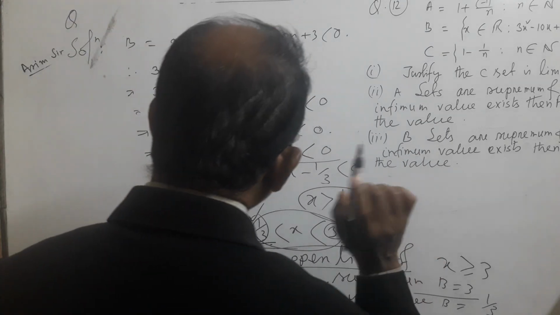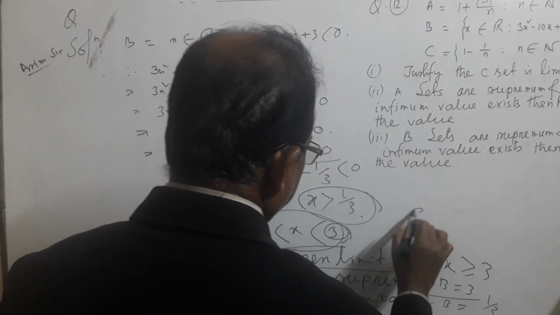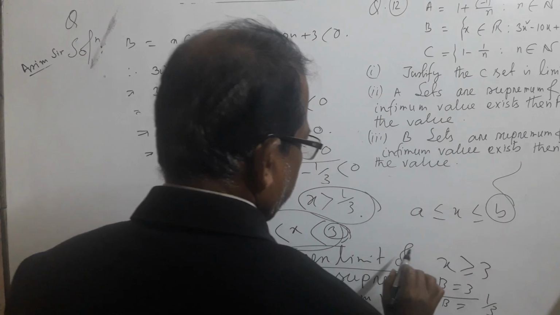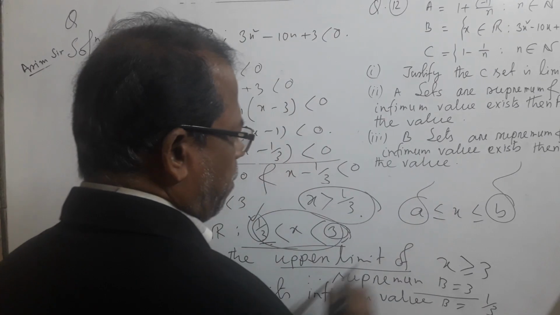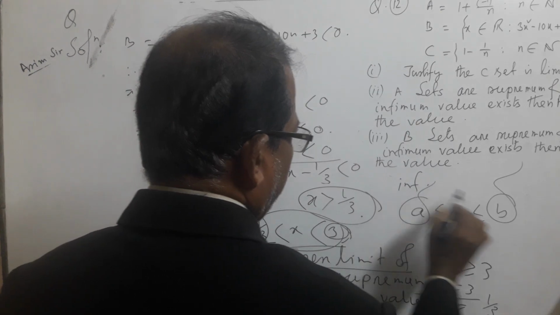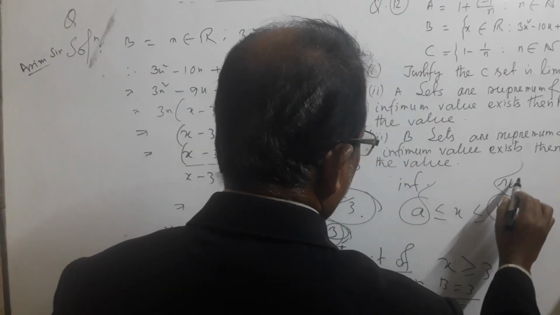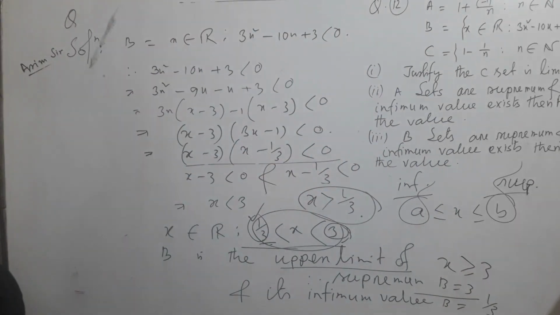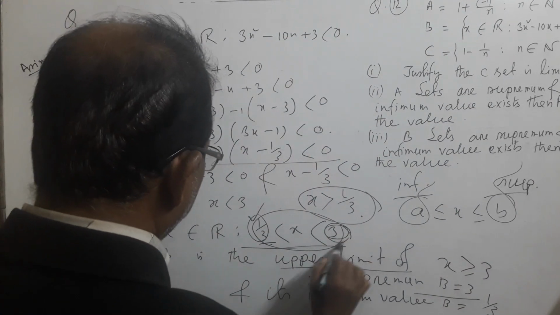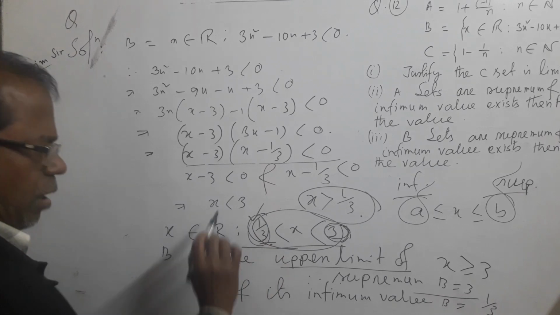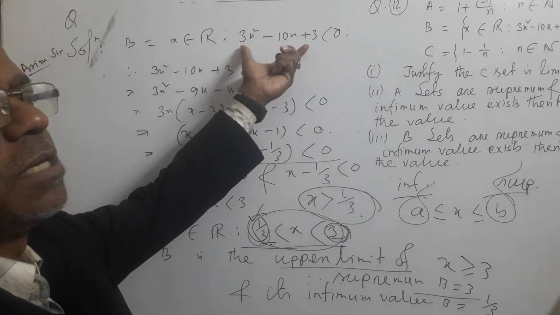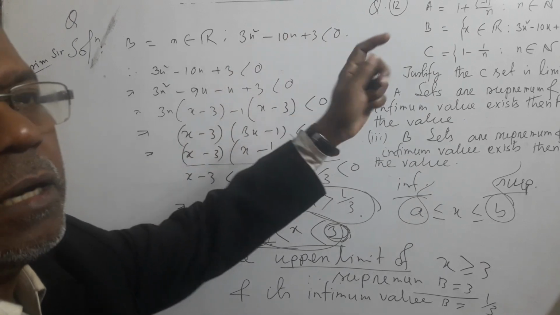If you think deeply, for a less than or equal to x less than or equal to b, this is the infimum value and this is the supremum value. So obviously 3 is the supremum value and 1/3 is the infimum value of 3x square minus 10x plus 3 is less than 0.